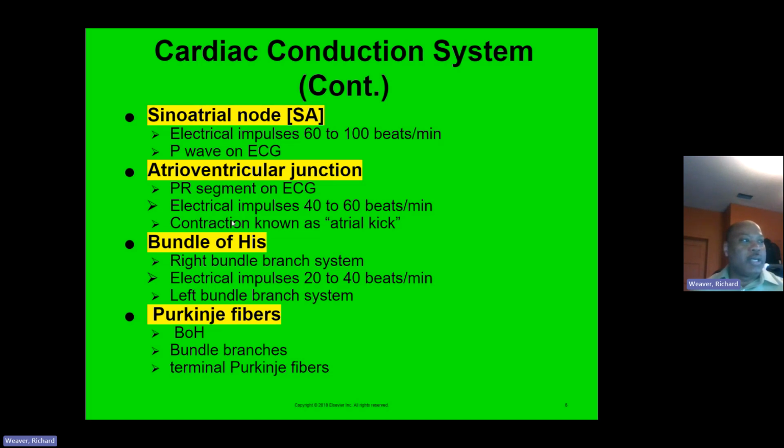But what I want you to know here is, look at the electrical impulse here. When this is destroyed for whatever reason, let's say an AMI, and the AV node takes over, look at the heart rate now. Now it's dropped to 40 to 60 beats per minute. Maybe a patient can tolerate a heart rate of about 40, maybe, and maybe not.